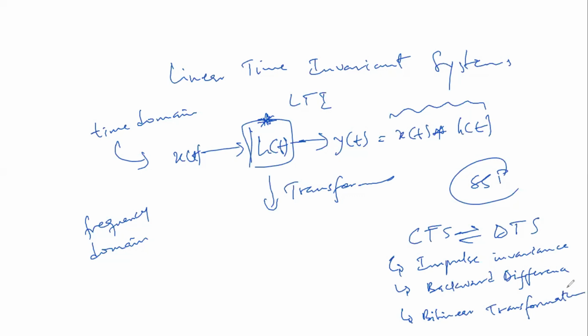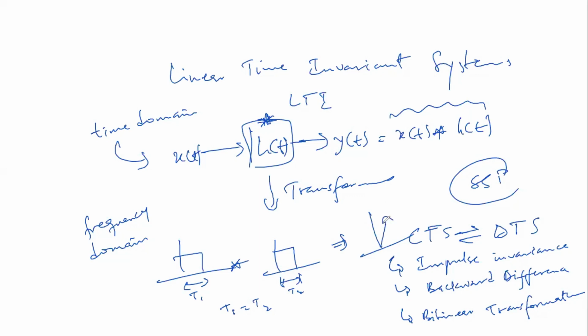And afterwards, we concluded our talk on convolution, and also mentioned that if we have two triangular functions, for instance of the same duration, where T1 is the same as T2, then the convolution of these two functions will give us a triangular function.